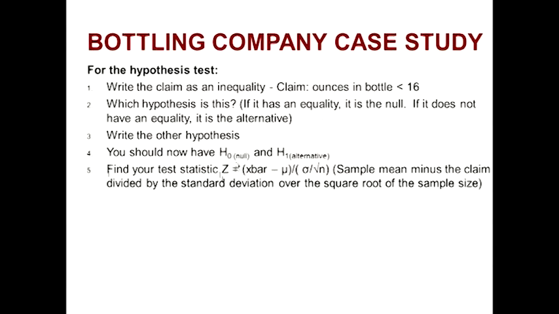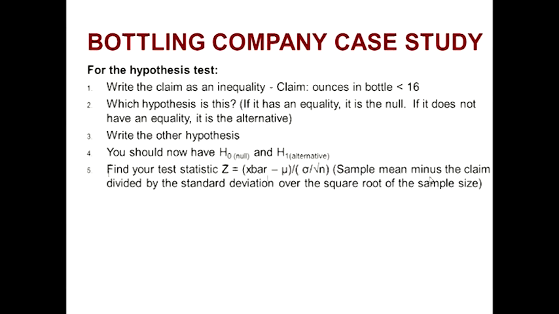Then you need to find your test statistic, which will be Z, because of having 30 or more entries. We have 30 entries. So the test statistic Z is X bar, which is the sample mean, minus the population mean, which is the claim, over the standard deviation over the square root of the sample size.